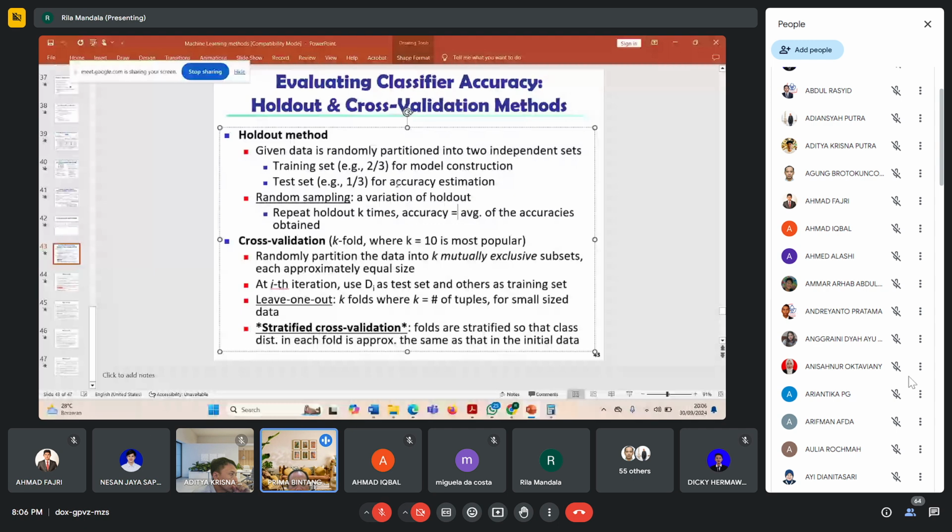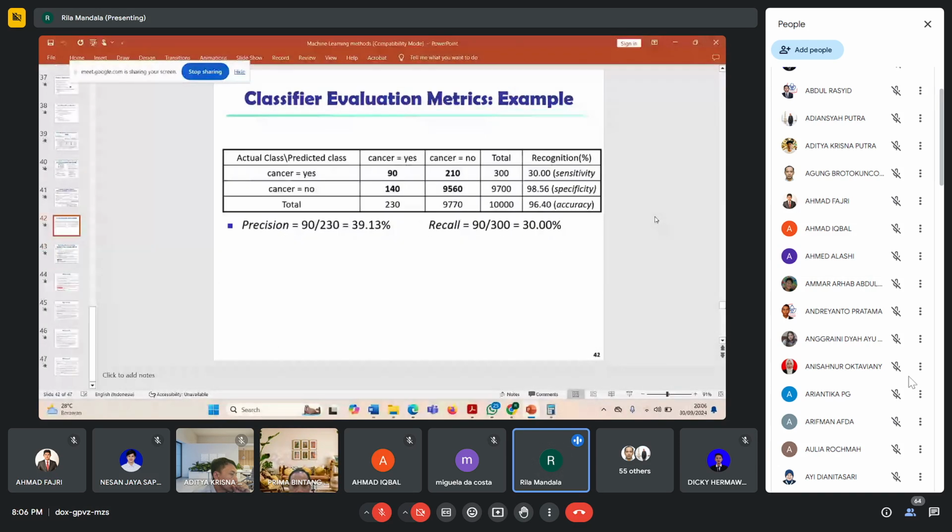For example, cancer and no cancer, it's better if it's 50% and 50%. Do we have to consider it as well, sir? Maybe the distribution, I think. Yeah, that is related to imbalanced data sets, right? Like my previous example, this imbalanced data set.